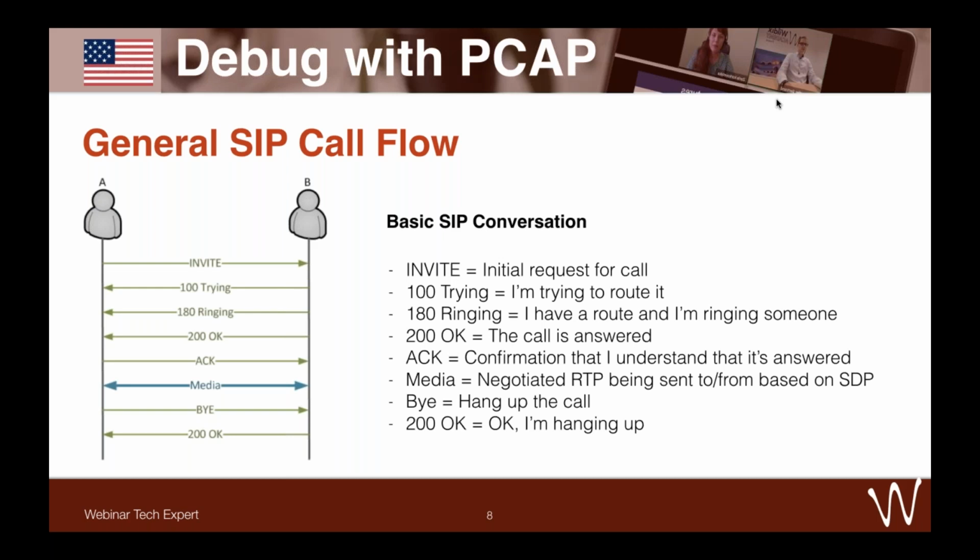Once we're done talking, either you or I send a BYE, and ultimately after the BYE, the other party acknowledges that with a 200 OK. So regardless of what system you're using, if it's leveraging SIP, this is the sort of basic call flow that you're going to see from a SIP signaling perspective.